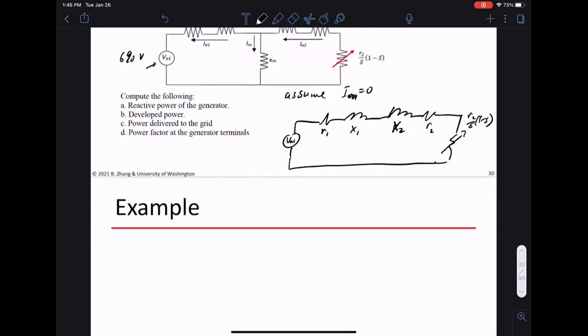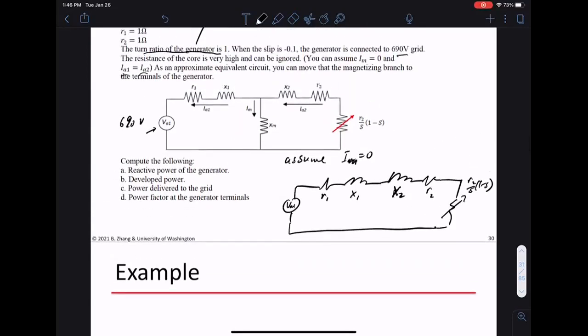So the normal thing we do in our first calculation is, let's keep this here. Let's say this is IRM, XM. We're going to move this magnetizing branch, the shunt, to the beginning of the circuit.